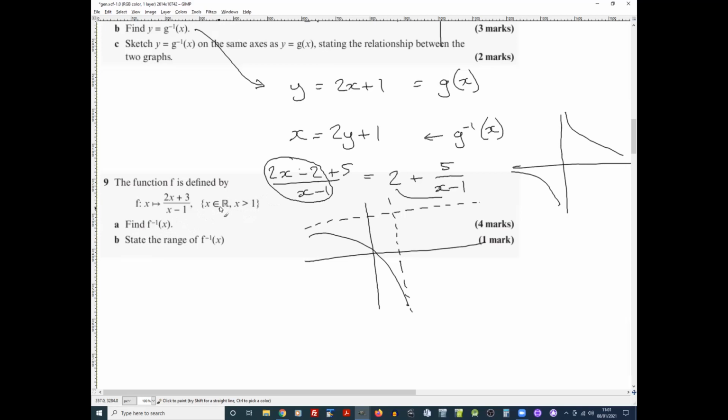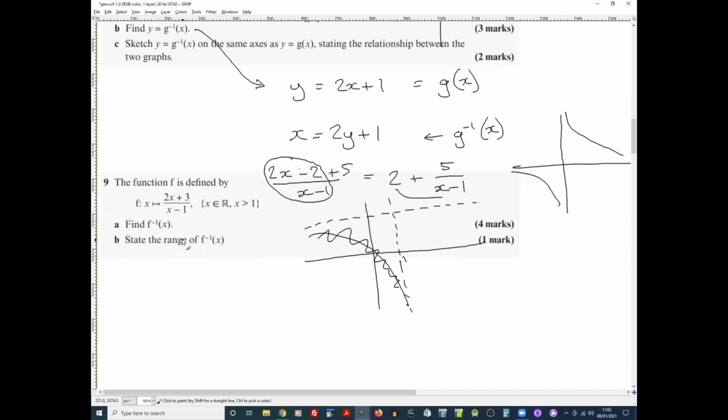By the way, this function is only east of the vertical line x equals 1, so we've just got this top right corner. Not that we needed to draw the graph necessarily, but it never hurts.